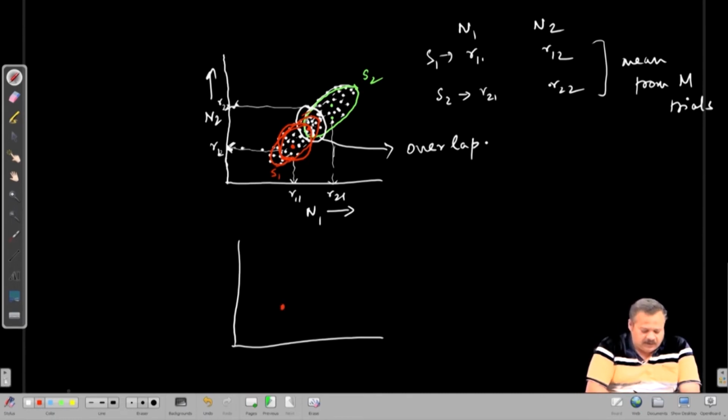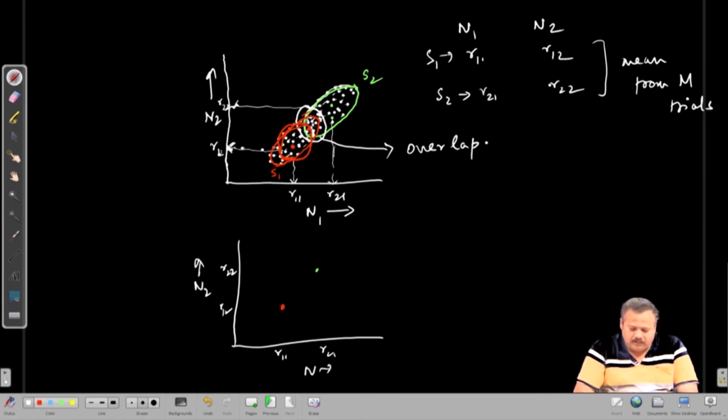This is our R11 and R12, and this is our R21 and R22. So R21, R11, R12, R22, neuron 2, neuron 1.